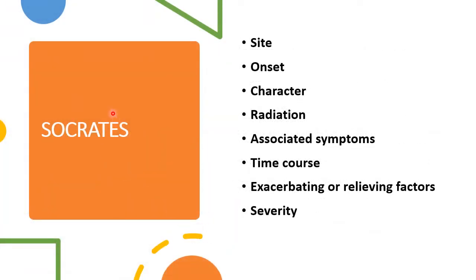And this is classified with the acronym SOCRATES, which refers to the site of the symptom, onset, character, radiation, associated symptoms, time course, exacerbating or relieving factors, and severity of the symptom.